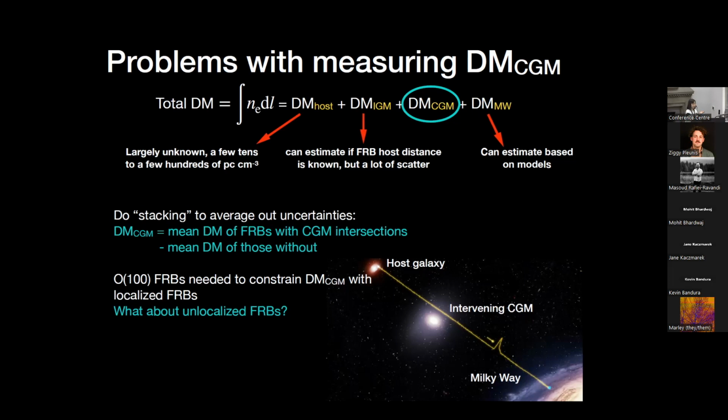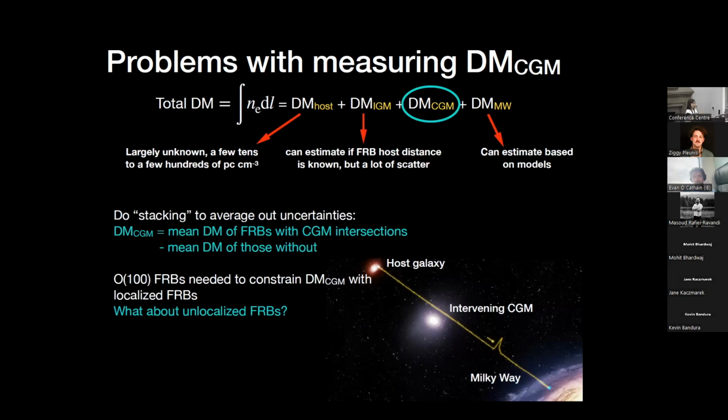So the way to deal with this uncertainty is actually to do stacking. What that means is that if you have a sample of FRBs that have CGM intersections, you can calculate their mean DM, and then you subtract off the mean DM of the sample of FRBs without CGM intersections. So then you have a very simple estimator of the DM of the circumgalactic medium.